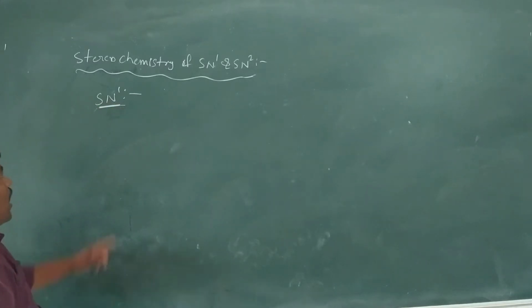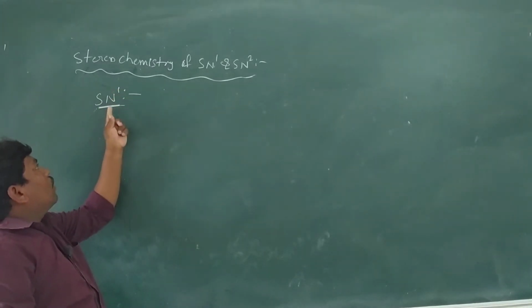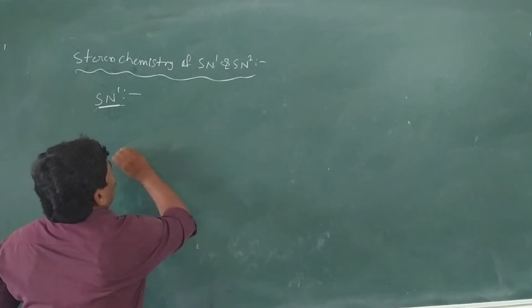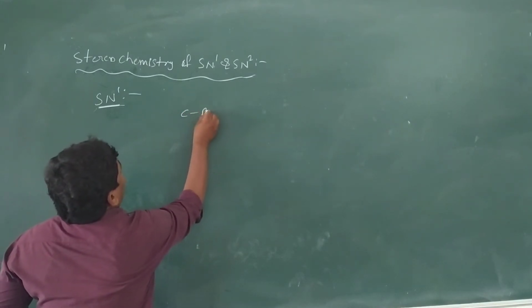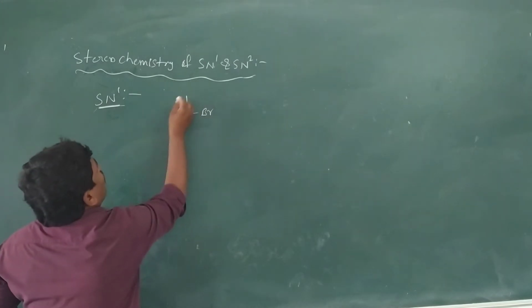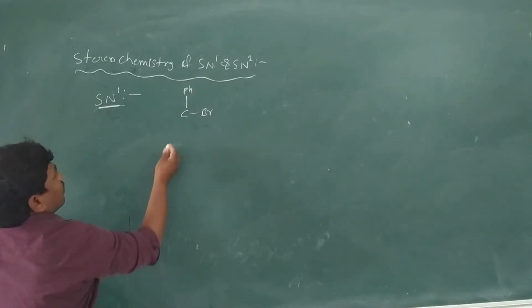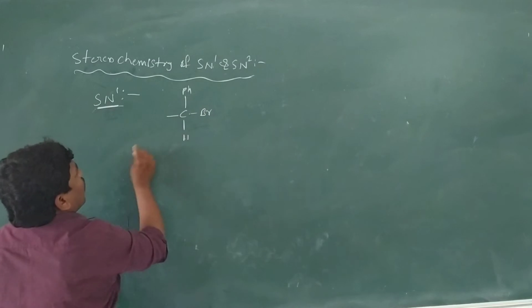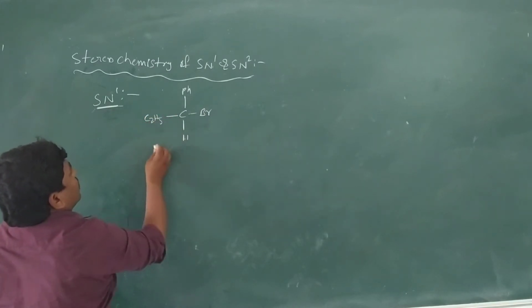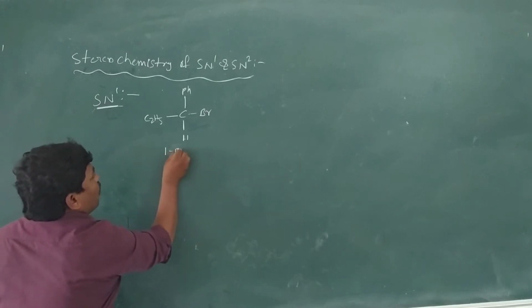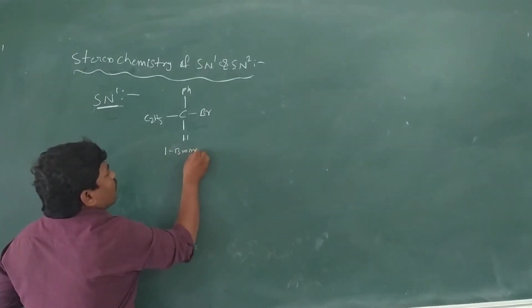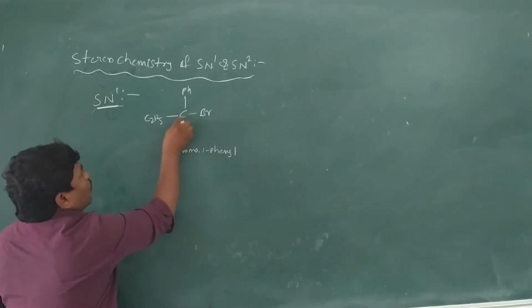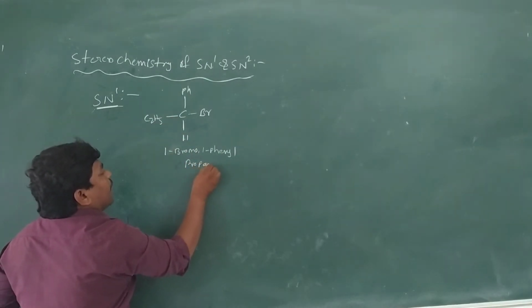SN1 means unimolecular nucleophilic substitution reaction. For example, 1-bromo-1-phenyl propane.